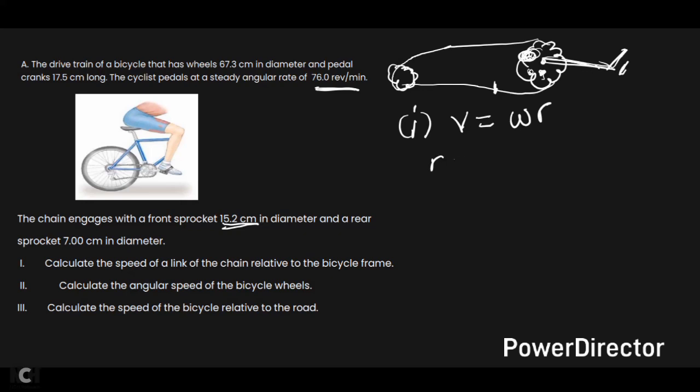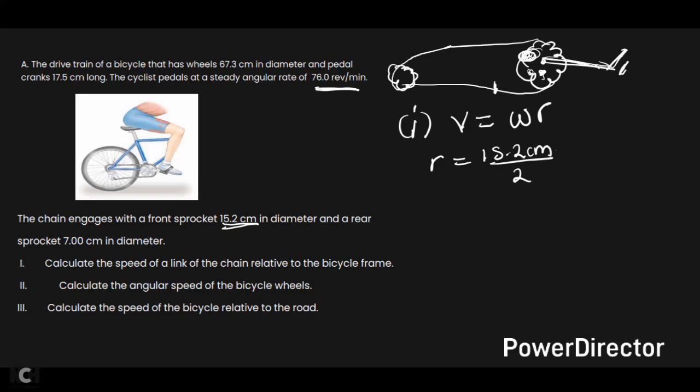So how do we find the radius in that situation? We say 15.2 centimeters. You divide that by 2, so that you can have the radius.